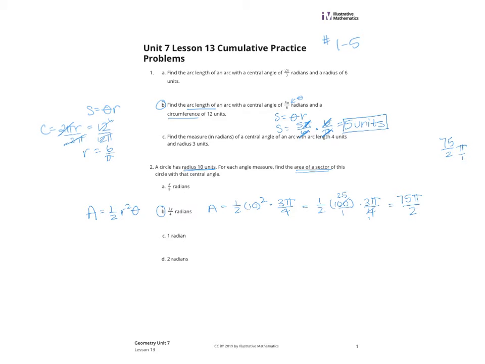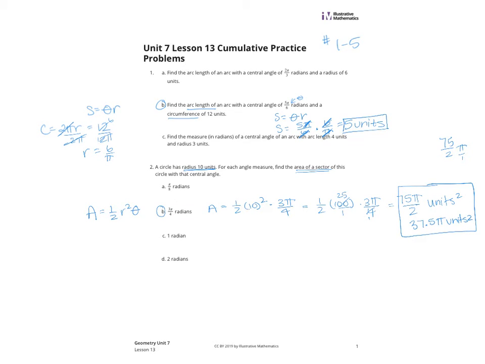So however you want to think about it, you could leave your answer 75 pi over 2 units squared, or you could multiply it out. And if you do that, you could divide by 2 actually. I was going to mention you could write this as 37.5 pi units squared as well. That's your 75 divided by 2. You could also do your 37.5 times pi and get a different decimal. I don't have that right in front of me right now, but you could calculate that on your calculators.